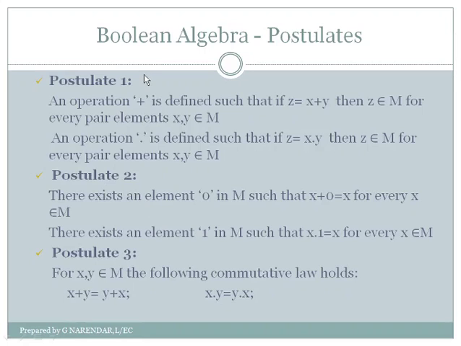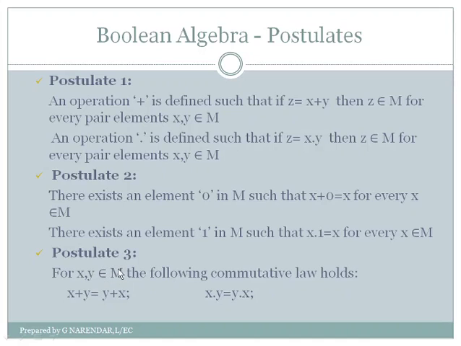So far, postulate 1 defines two operations and postulate 2 defines two elements, and postulate 3 states the law called the commutative law.